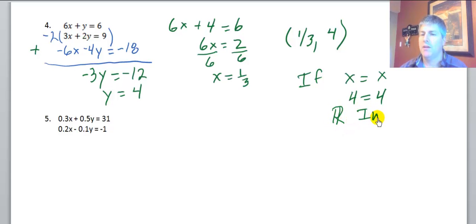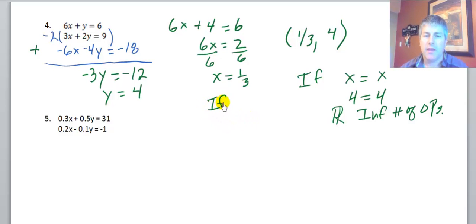That means there's going to be an infinite number of ordered pairs that would work. So those two would be the same line.